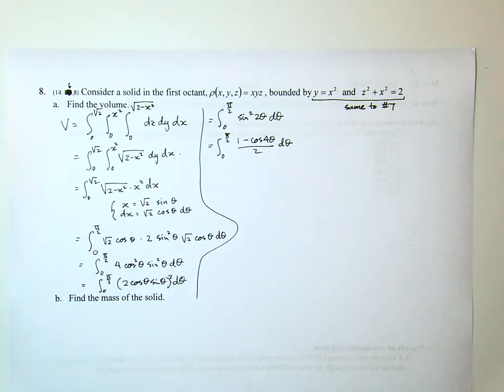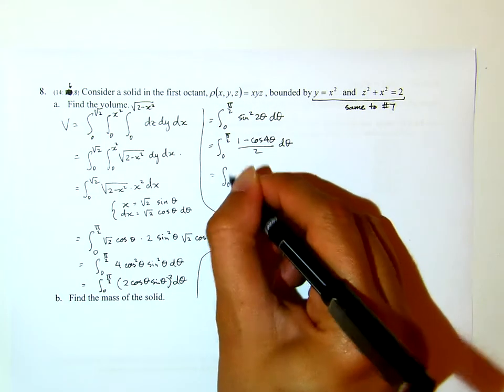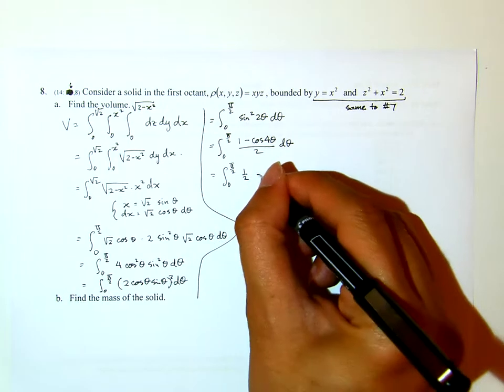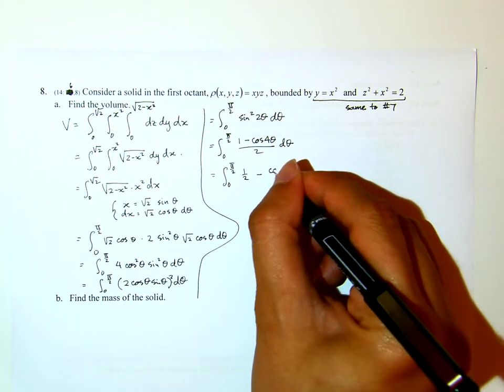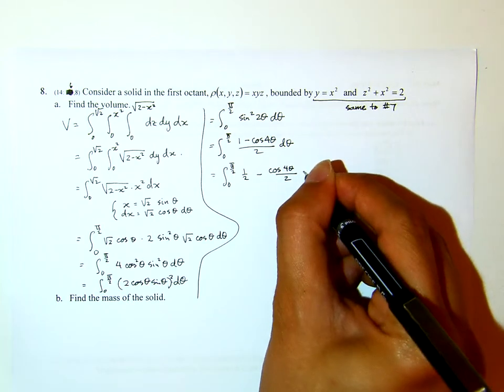Am I okay? Think about it. Right? Now this equals the integral from 0 to pi over 2 of 1/2 minus cosine 4 theta over 2 d theta.